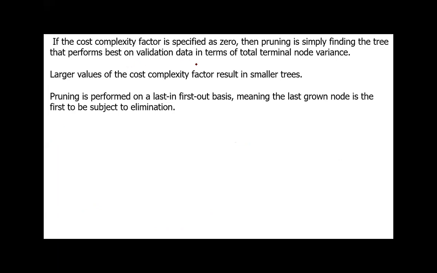Now, if the cost complexity factor is specified as 0, then pruning is simply finding the tree that performs best on validation data in terms of total terminal node variance. There is no minimization whatsoever. So this is called 0.